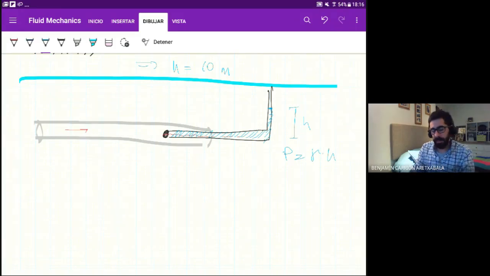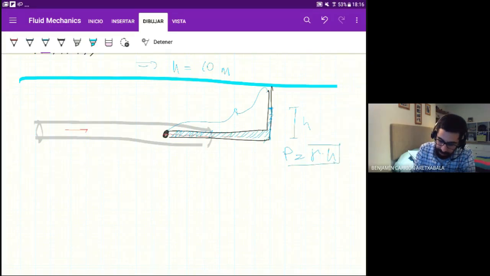Assuming a few things, like inside the tube the water is flowing, but inside the manometer, this instrument is called a manometer, the water is static. So if it is static and the pressure here is atmospheric pressure, the pressure here must be gamma times h. So if we move laterally, we must keep the same pressure, so the pressure here is also gamma times h.